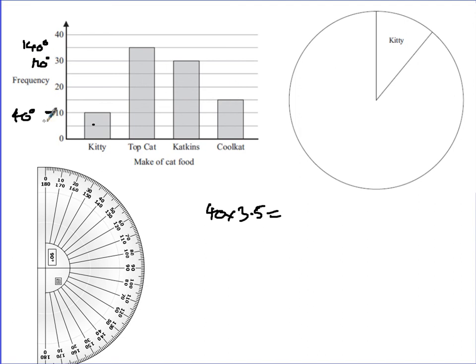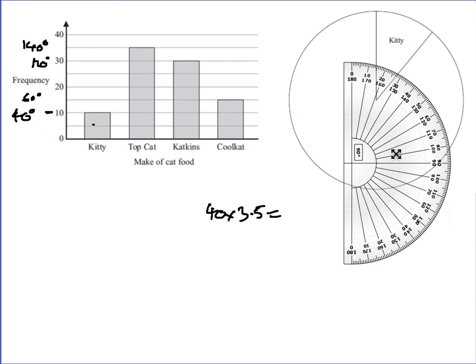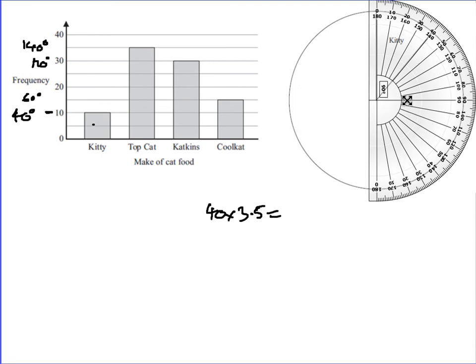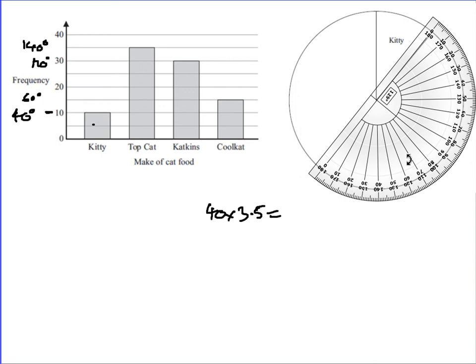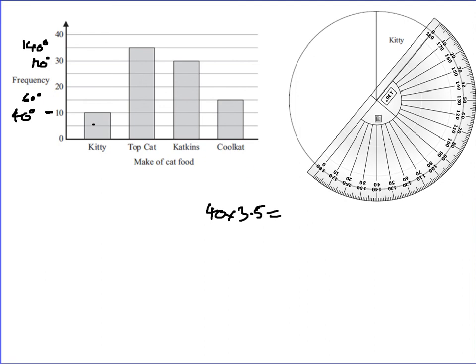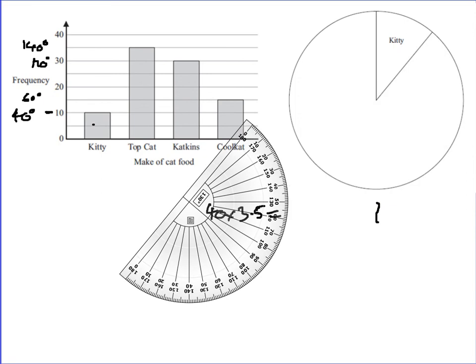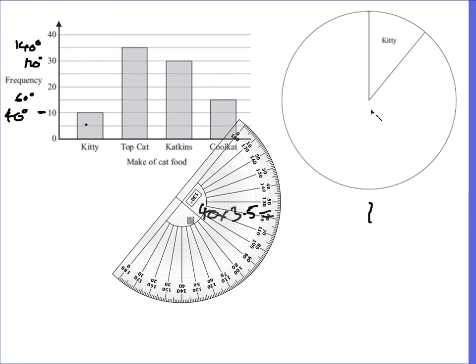And then the final one there is 1.5 times bigger, which is 60 degrees. So we then put them onto this. So spin it round now so it then lines up with the line here. Our first point is 140 degrees. No, actually, if you'd noticed, 40 plus 140 is 180, so it'll just be a nice straight line downwards.